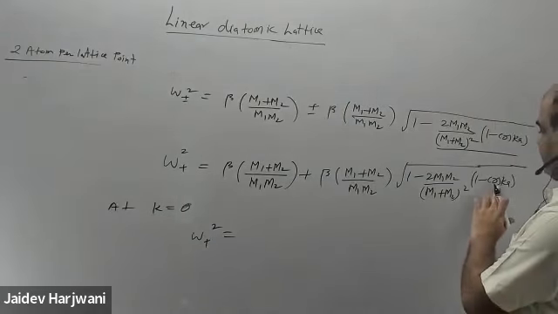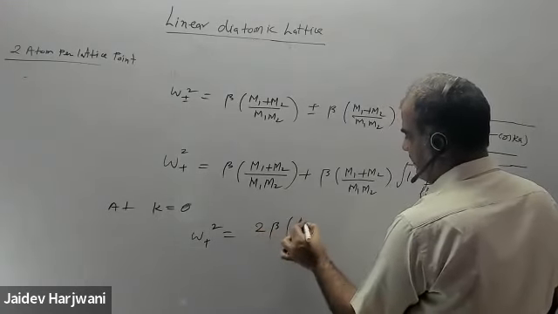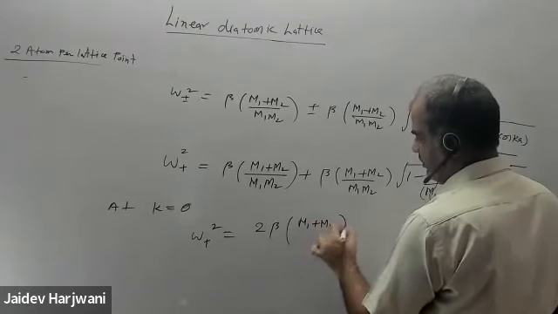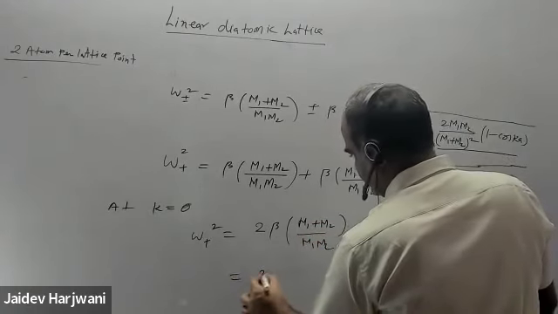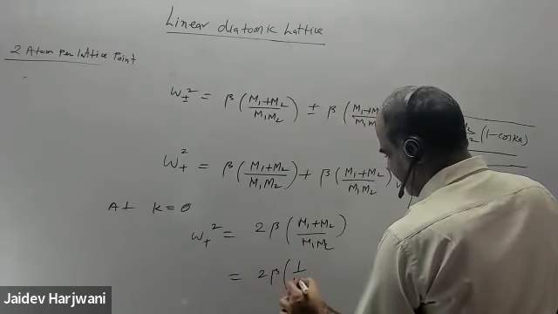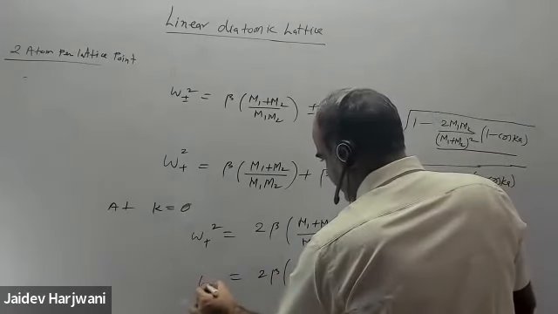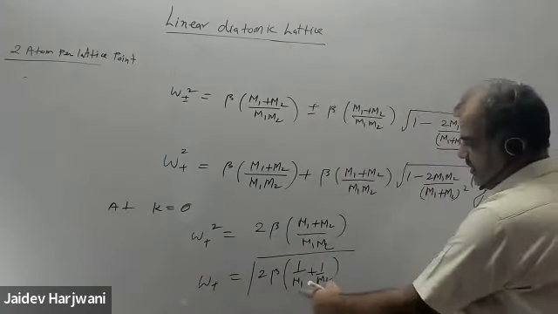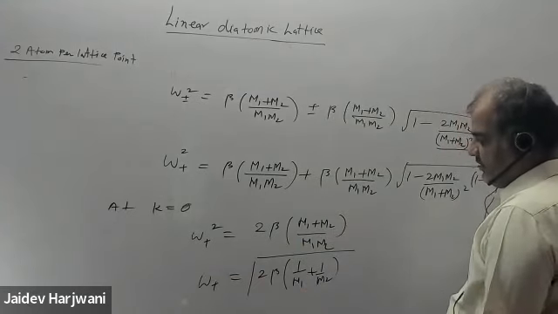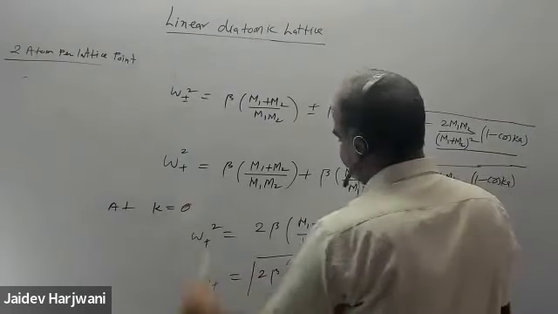This term will be 1, so this will be 2 beta (m1 plus m2)/(m1 m2). You can also write 2 beta (1 upon m1 plus 1 upon m2). So omega plus will be under root 2 beta (1 by m1 plus 1 by m2). So this is at k equal to 0.